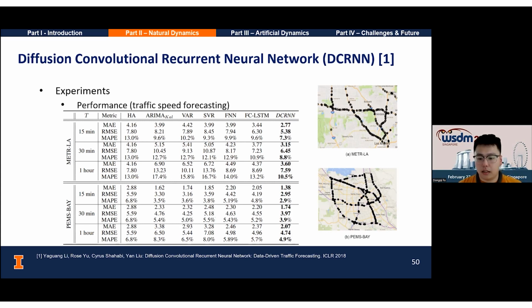DCRN is different from all these methods due to the formulation of the diffusion convolution of the graph. The authors model the sensor networks as a weighted directed graph, which is more realistic than a grid or undirected graph, as the authors claimed in their paper.